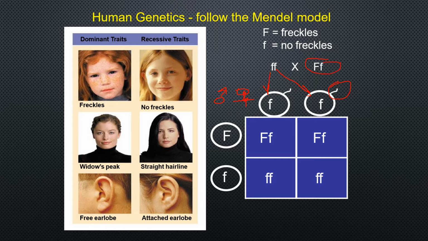Mom is going to add a dominant allele and a recessive allele. When we look at the Punnett square for that, we have freckles, freckles, no freckles, and no freckles. So a 1 to 1 phenotypic ratio. In other words, half of the offspring would have freckles and half would not.